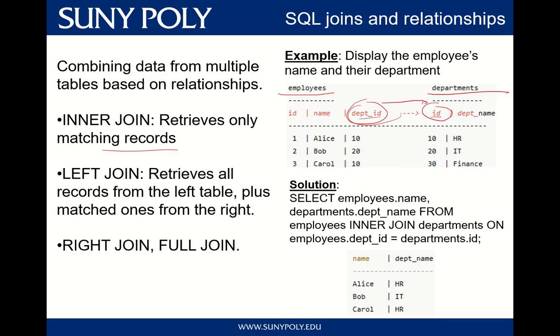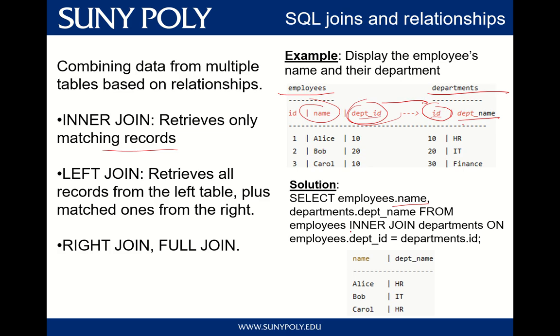So this is the solution. We want to select from the table employees the name, right? This one. So we want to see that. In addition, we want to see from departments the department name, this one. But remember that they are in two separate tables. So what we select from is not a single table. We need to join them.